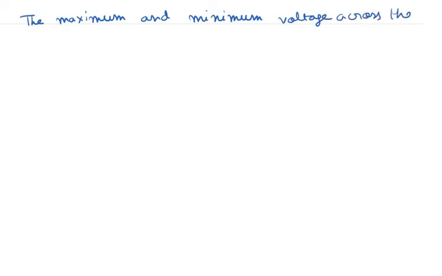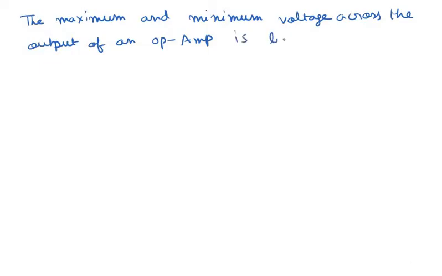So let me write it here. The maximum and minimum voltage across the output of an op amp is limited to plus V bias and minus V bias respectively.